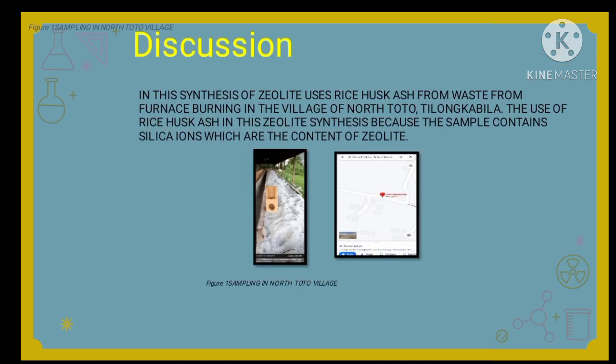Okay. Next, discussion. In the synthesis of zeolite, we use rice husk ash from furnace burning in the village of North Toto, Tilong Kabilah. Rice husk ash is used in this zeolite synthesis because the sample contains silica, which is the content of zeolite. See figure 1, the burning in North Toto village.